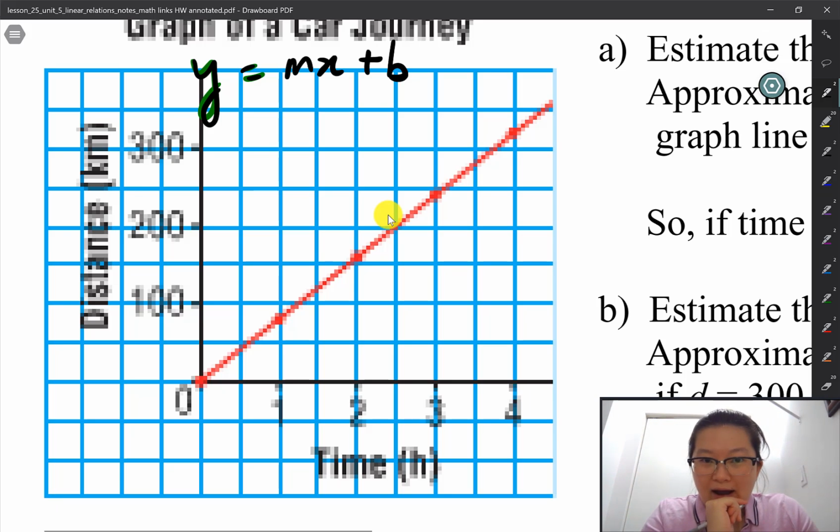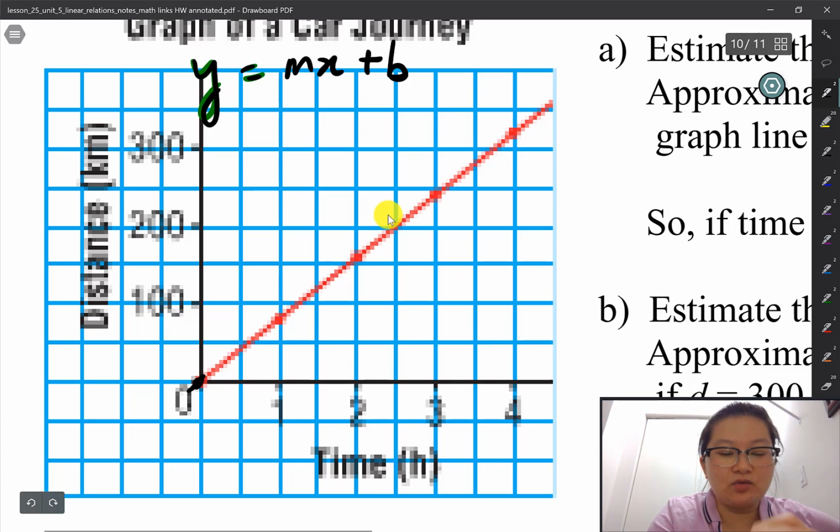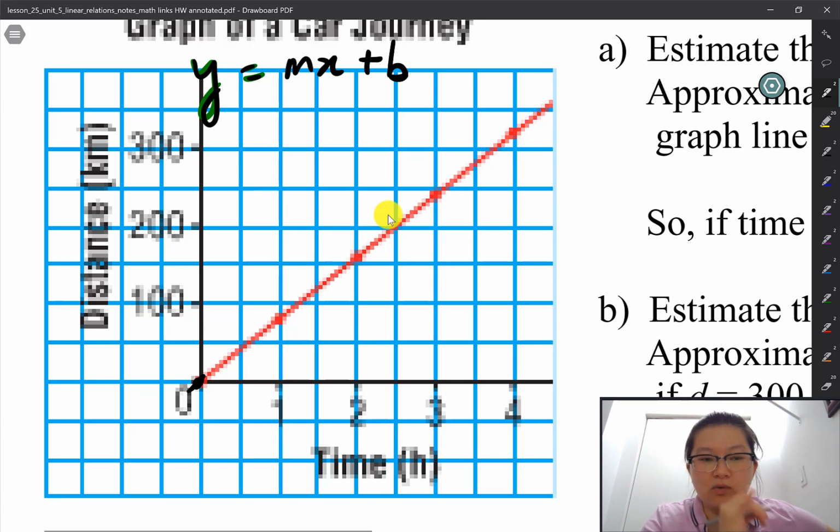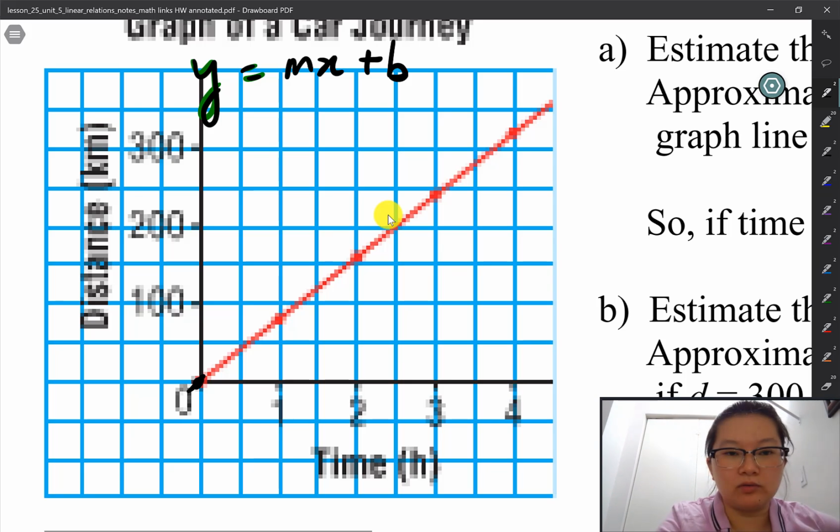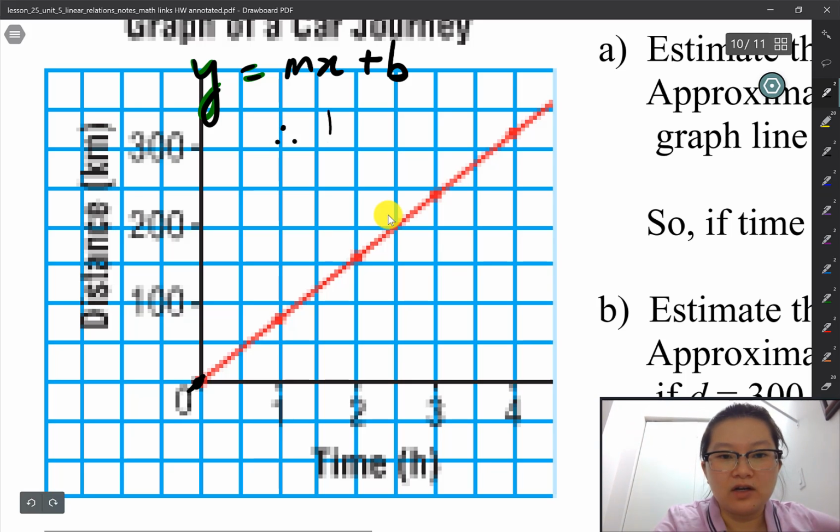Now, when you read a graph, the easiest thing to identify is your Y-intercept. From this graph, you can see that the Y-intercept is very easy. It's right there at the origin. So where the graph intercepts the y-axis, that is when x is 0. So therefore, your b value is 0.